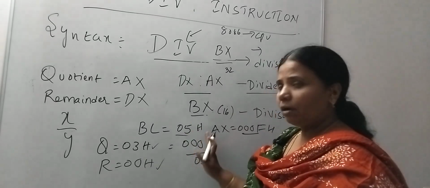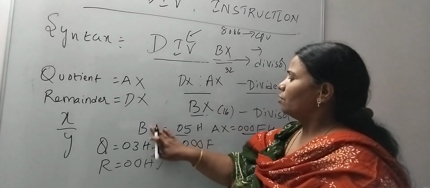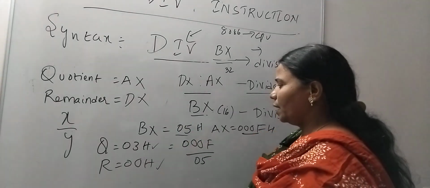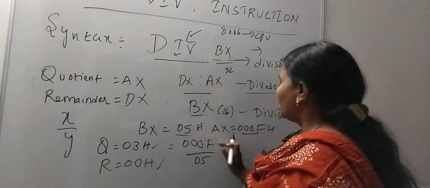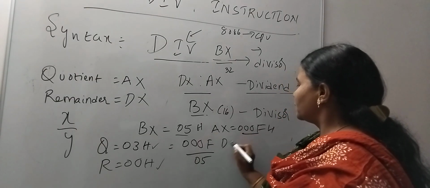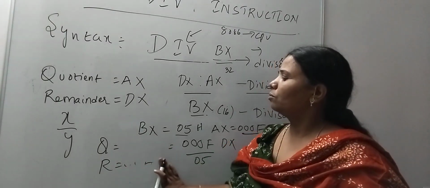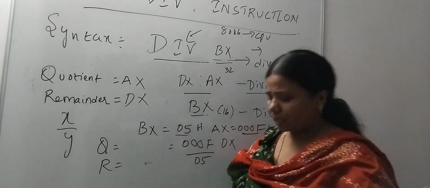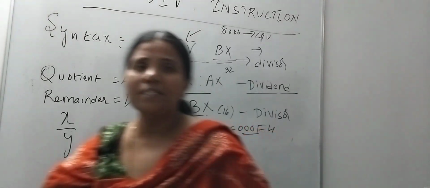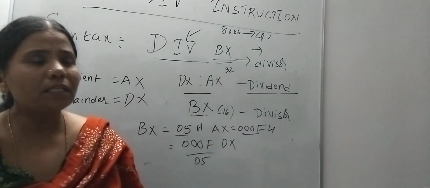So here you have to vary the value. Instead of BL, you take the BX value, and you take the dividend in AX and DX. After division, whatever quotient and remainder you get, you can see in AX and DX if you go for 16-bit.